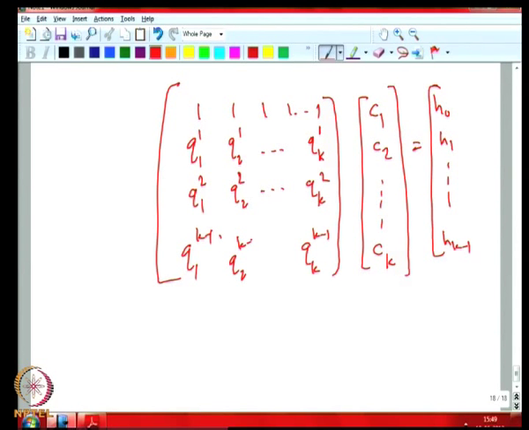So this is a k by k matrix, and the question is, do we have a solution for this?